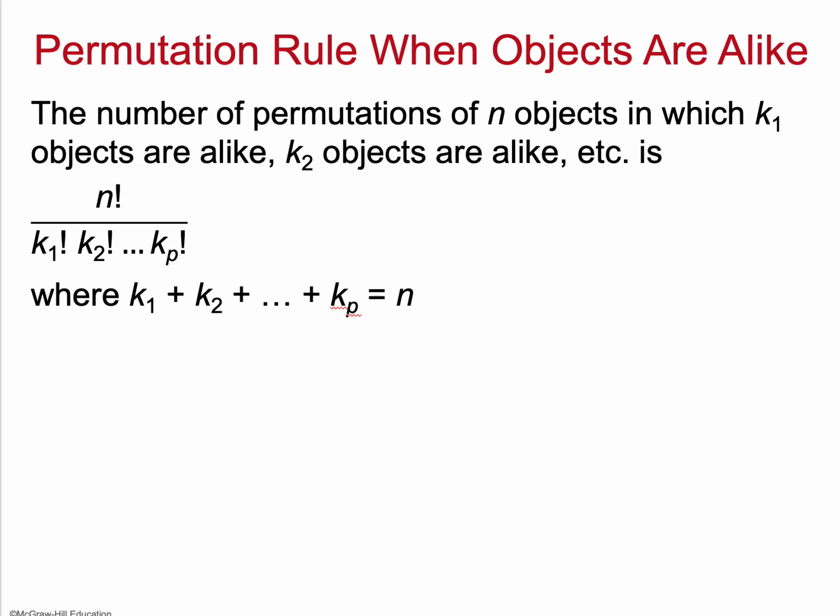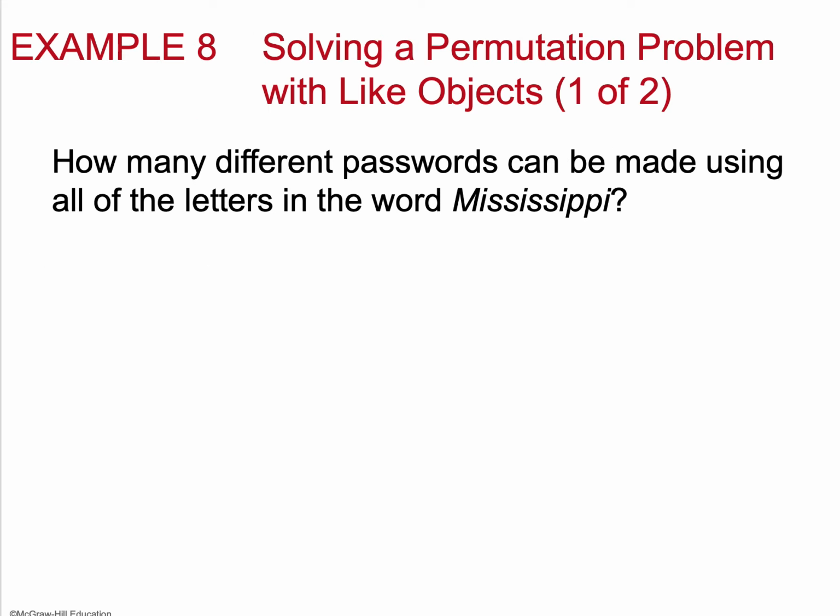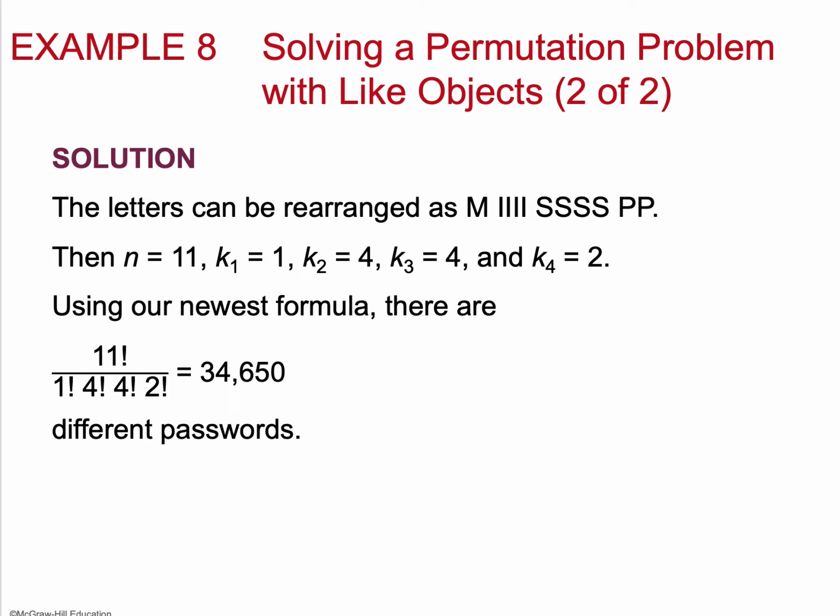So if I'm looking at permutations with objects that are alike, there's a slightly different way that I have to do it. So if we think about how many different passwords could be made using all the letters in Mississippi, that means I have the same number of slots there. That means the letters could be arranged.